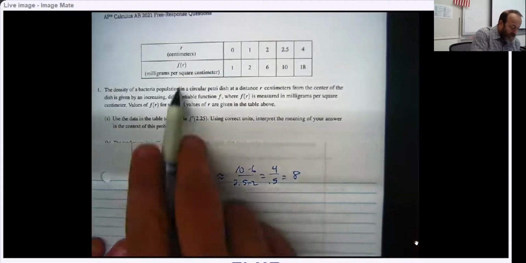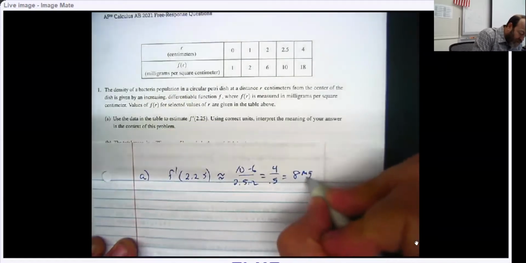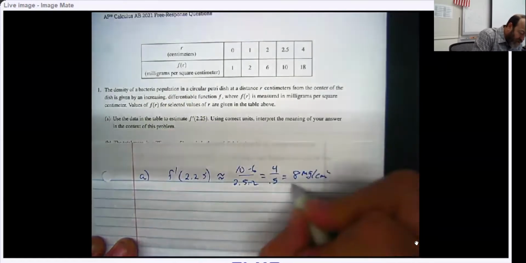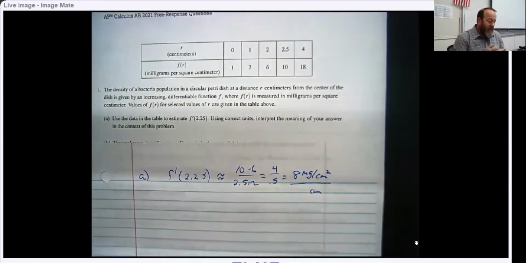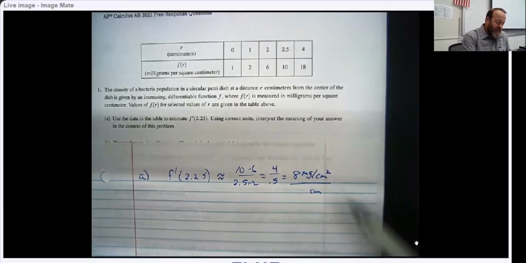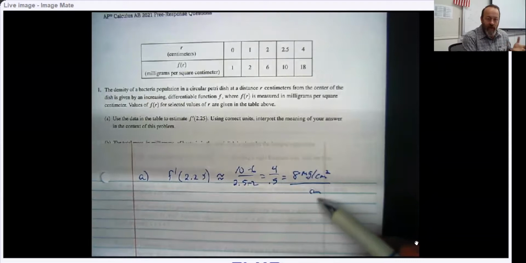And of course, these units are milligrams per centimeter squared, divided by centimeters, which is interesting because that's centimeters squared, but this centimeter is the measurement of how far from the center it is.